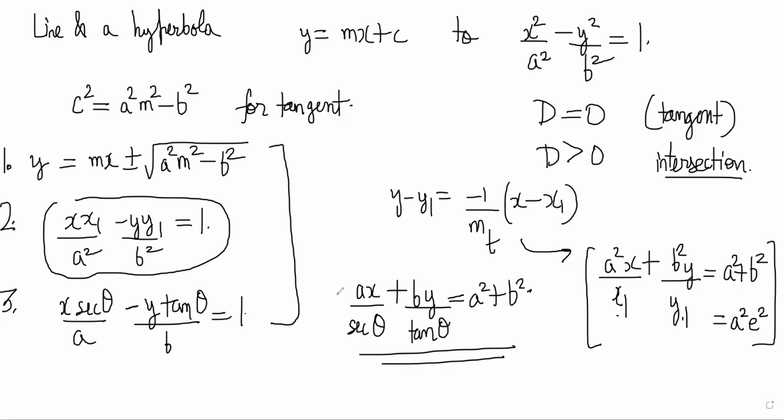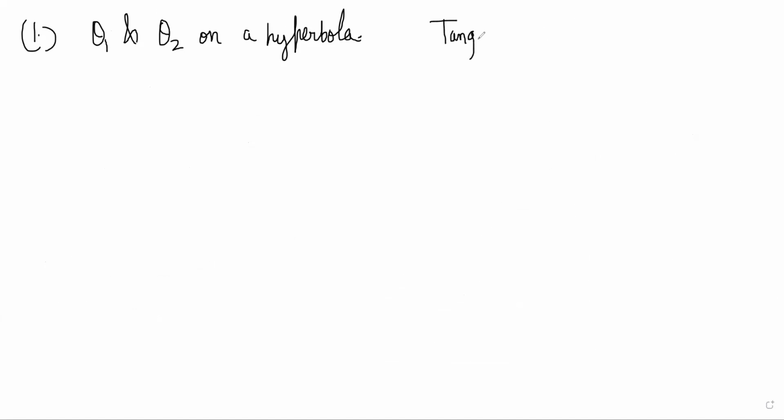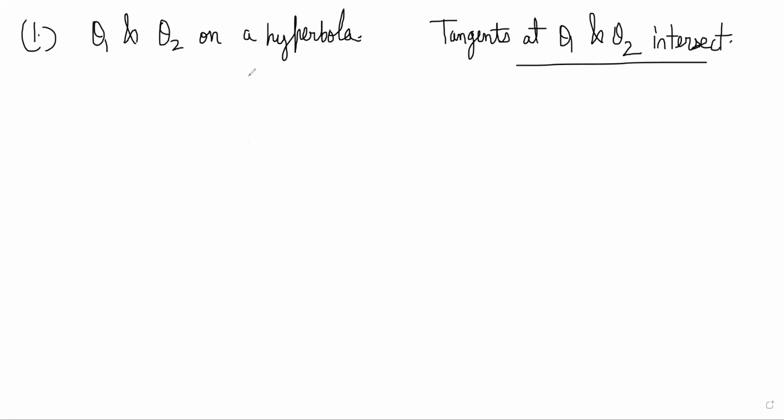Then some stuff that we have discussed, for example, in the case of ellipse, we'll just do the same thing for hyperbola. If there are 2 points theta 1 and theta 2 on a hyperbola, and tangents at theta 1 and theta 2 intersect, obviously we can find the equation and solve it, but it is convenient sometimes to remember the point of intersection.